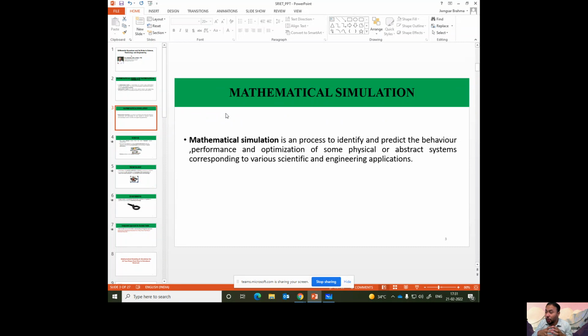Mathematical simulation means what? Suppose I have developed a model. By model, I mean a differential equation. Now, as per the engineering situations, for example, in the petroleum reservoir system, how can I do the simulation?